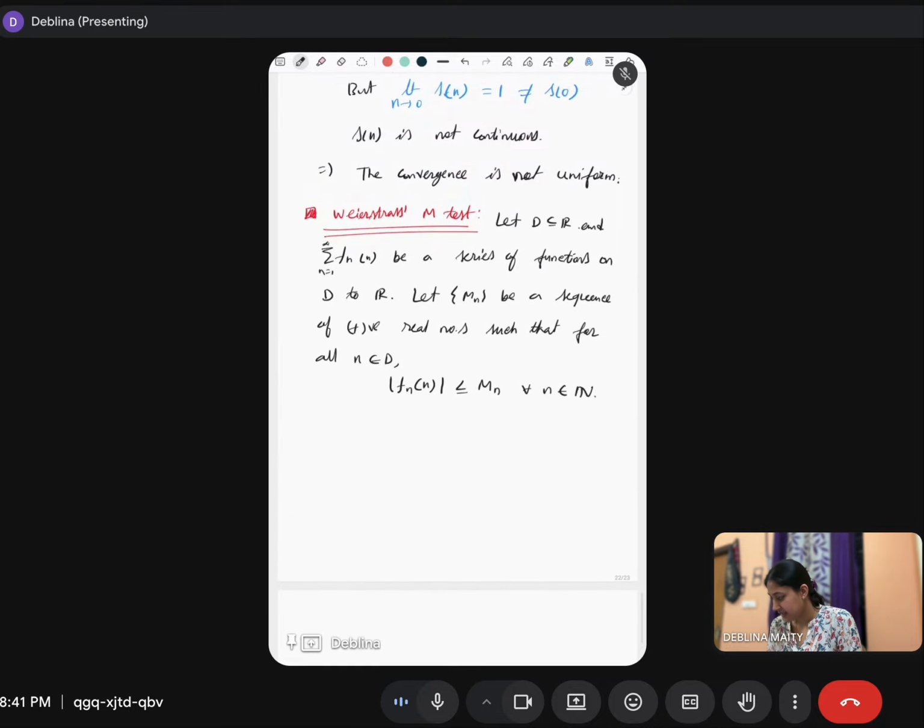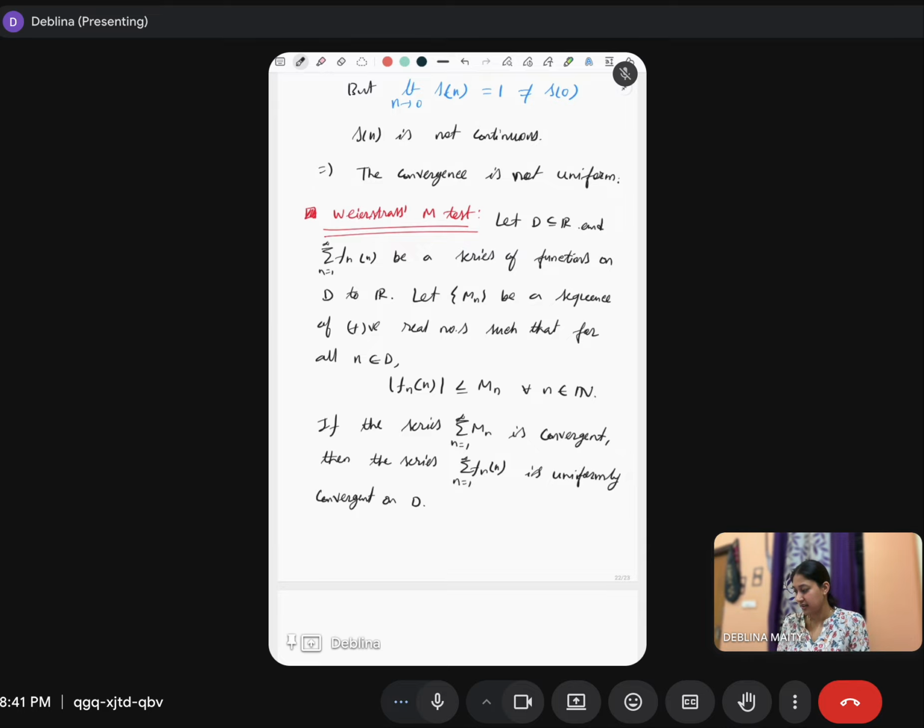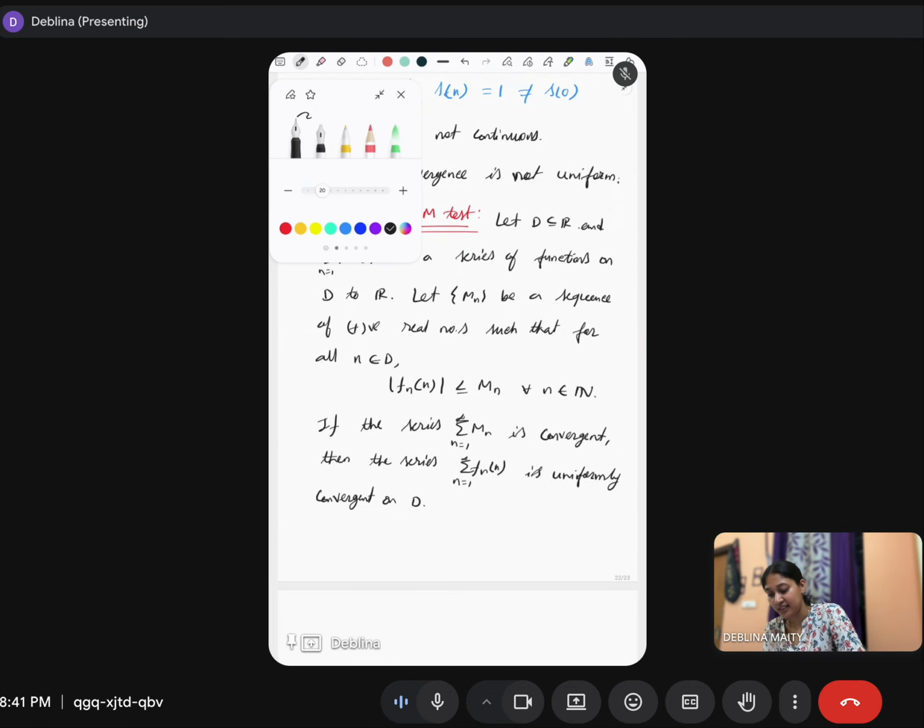If this happens and if the series of real numbers, this sum of M_n, is convergent, then the main series summation F_n(x) is uniformly convergent on D, right? So this is like a comparison test, right?